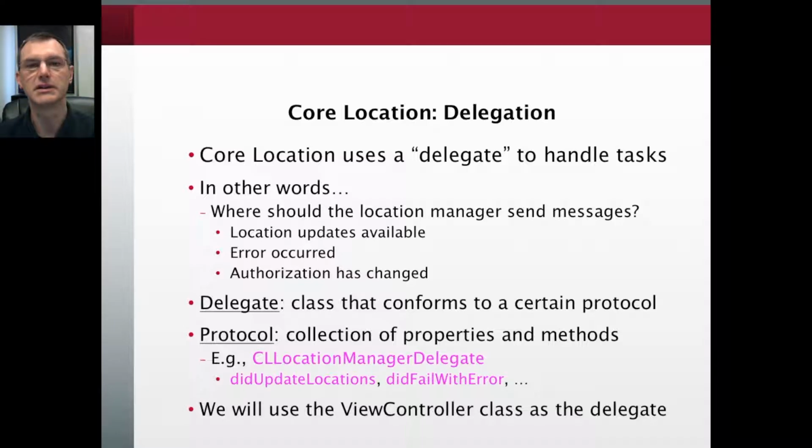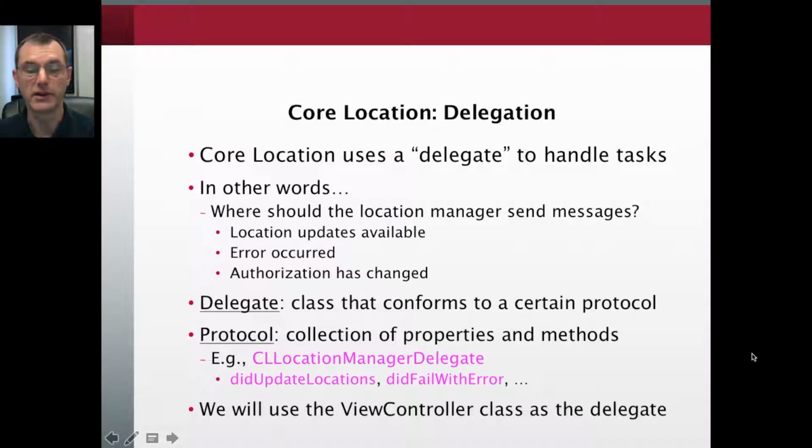And a protocol is a collection of properties and methods that a particular class will conform to. So in our case, the protocol that we want our class to conform to is called the CLLocationManagerDelegate.